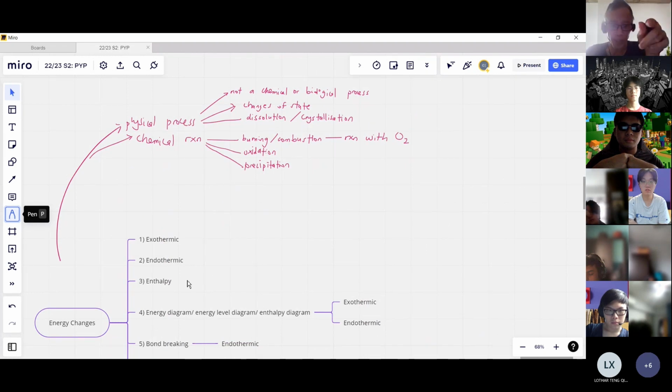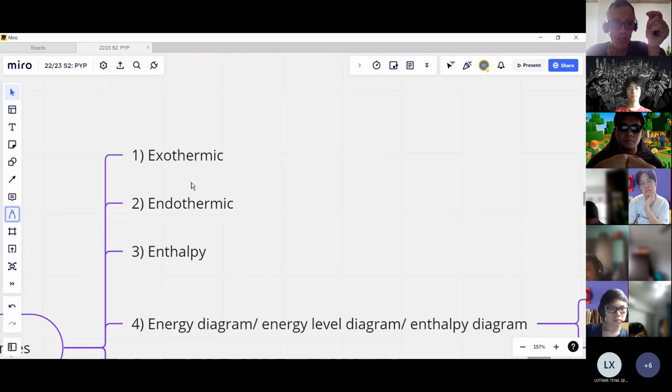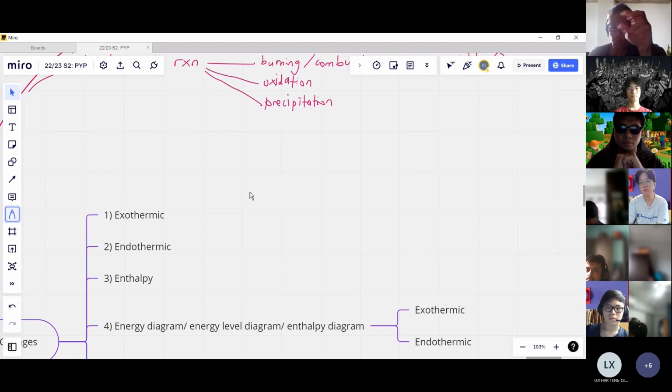So now with that out of the way, there are two words everyone has to know. I'm pretty serious, these two words, you definitely see them. All right, exothermic and endothermic. Okay, what's exothermic?